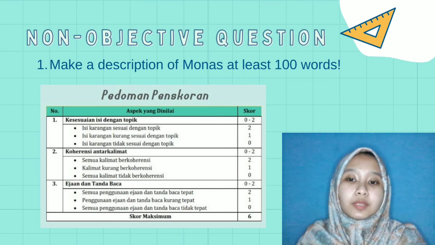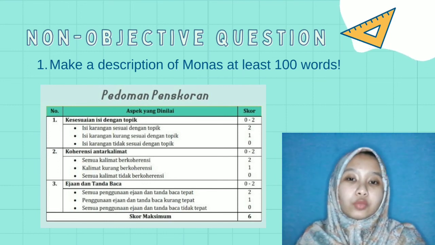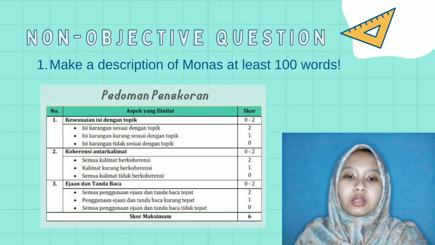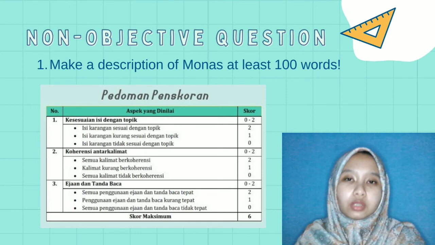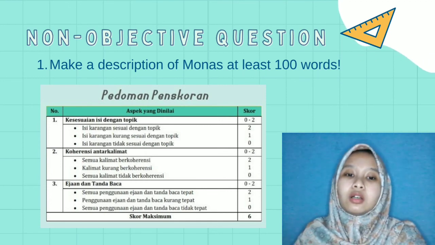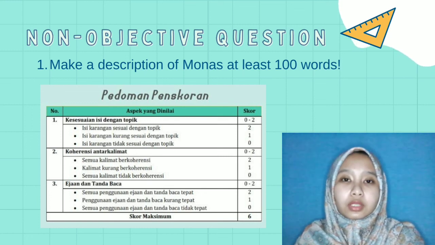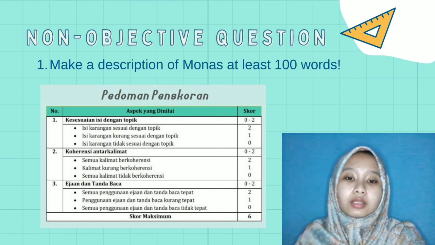And below are the aspects that will be assessed. There are 3 aspects. First, the suitability of the content, which is the topic, then coherence between sentences, and last, spelling and punctuation.